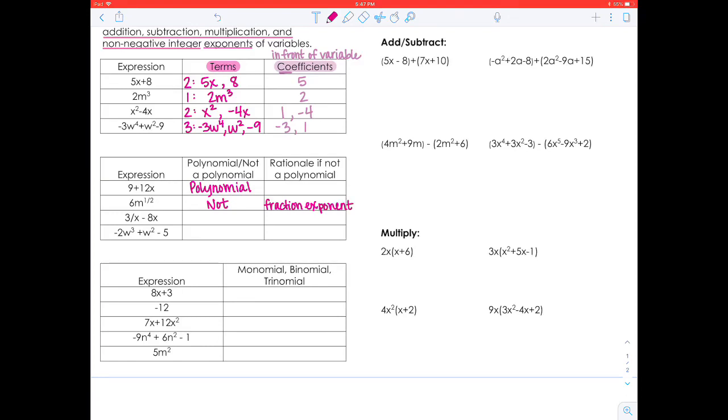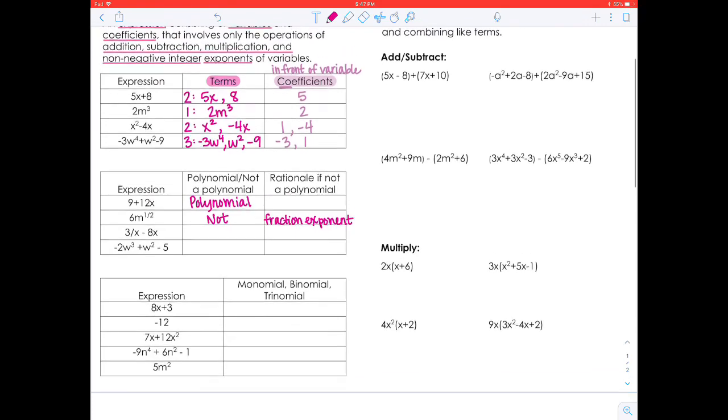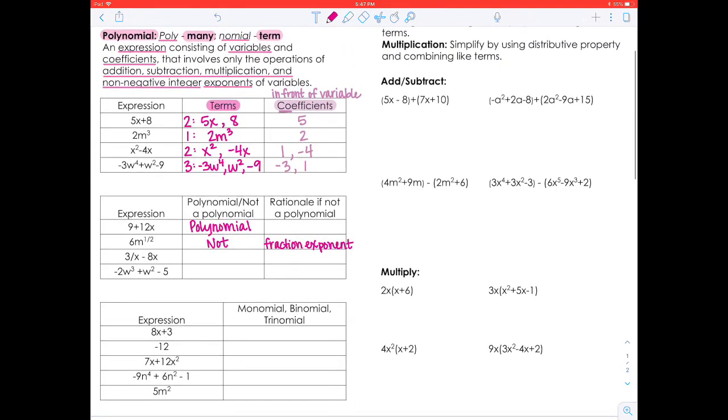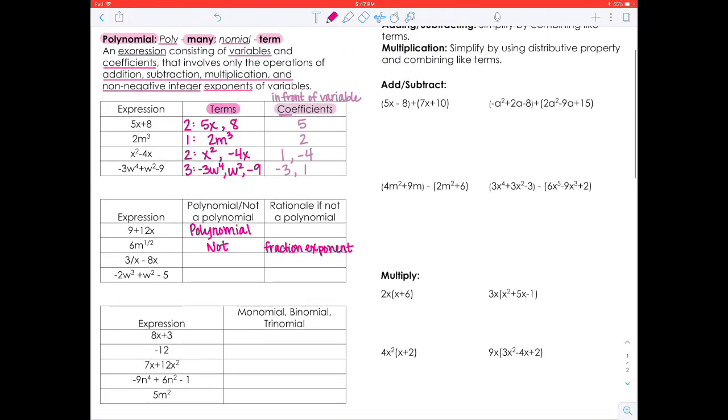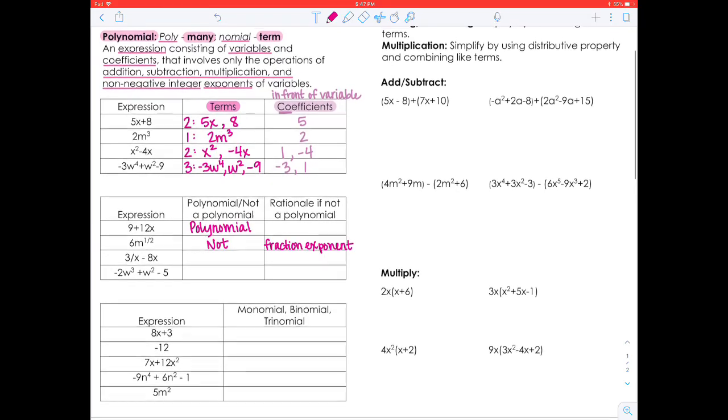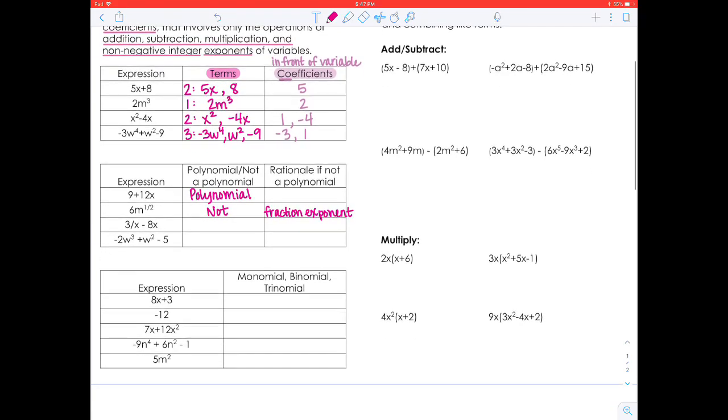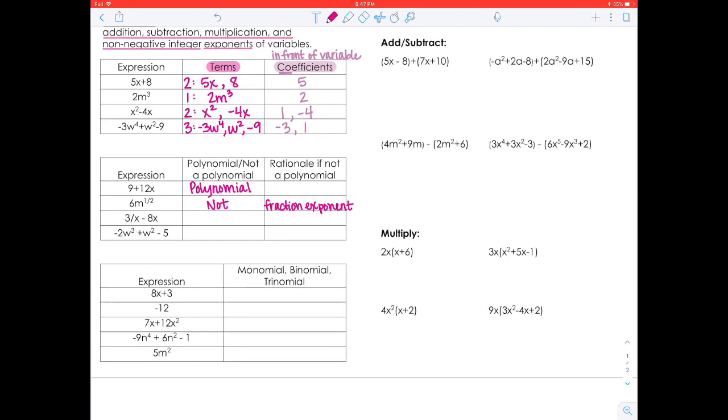Okay, next we have 3 divided by x minus 8x. Now notice, division was not an operation that a polynomial can have, and that 3 is being divided by x. And that variable in the denominator actually is another way to write an exponent, a negative exponent.